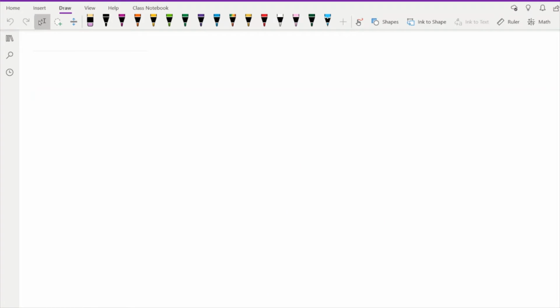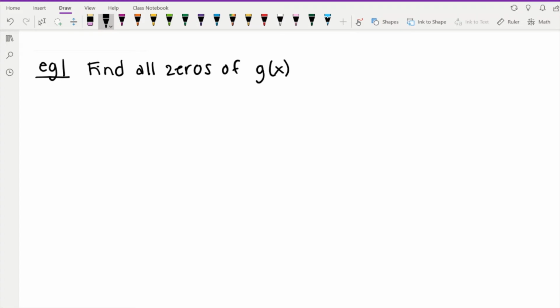Okay, so let's do another example. And after we do this example, we'll talk about this concept of multiplicity. So our next example is going to be to find all zeros of the following polynomial: 2x cubed plus 12x squared plus 18x.